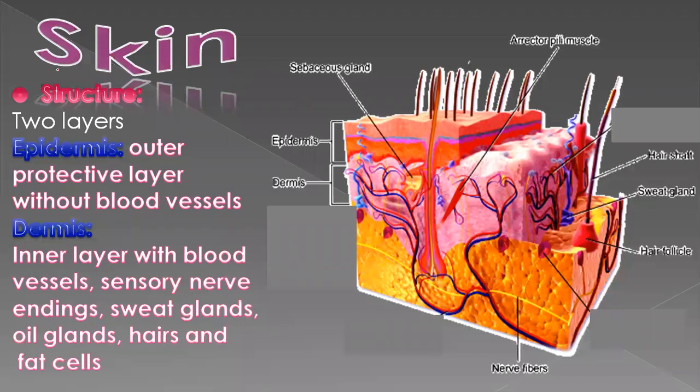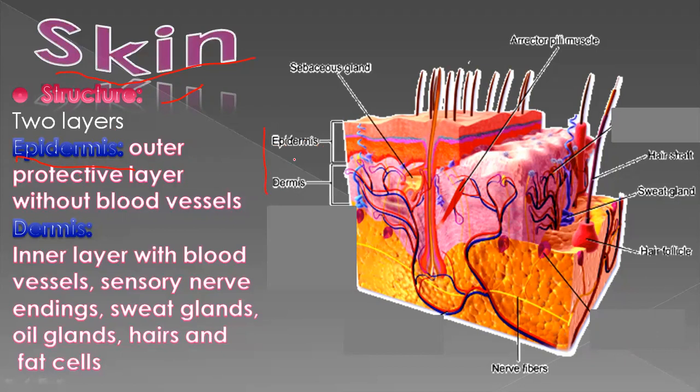So next we will see skin. Skin is the largest organ, or we can say the largest tissue of the body. First we'll see its structure, that it has two main layers, although it is divided into three layers, epidermis, dermis and hypodermis, but here two main layers we'll discuss.